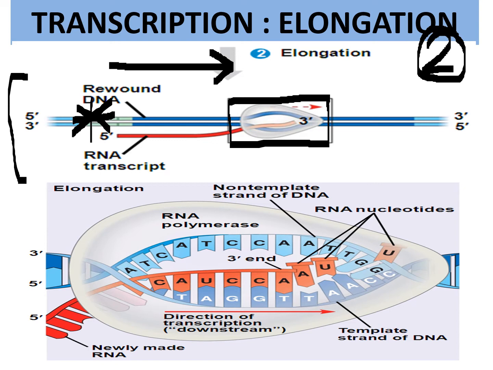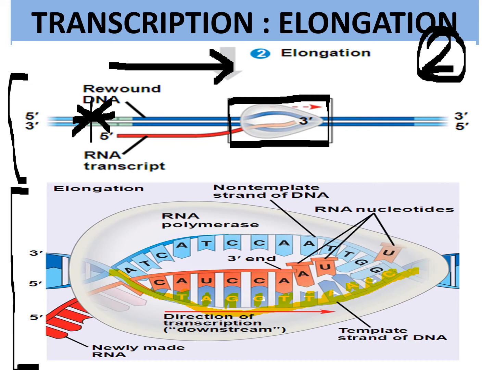To understand that, let's have a look at our second diagram. In yellow, I will draw in our template strand, and our template strand reads as T, A, G, G, T, T, A, C, C in this instance.